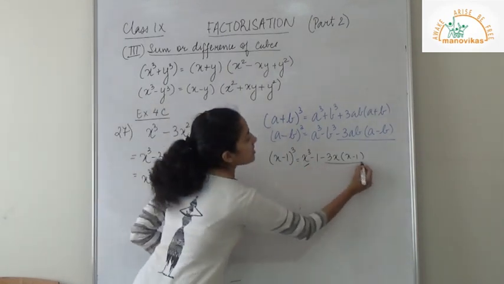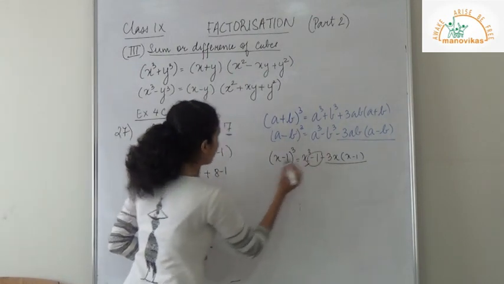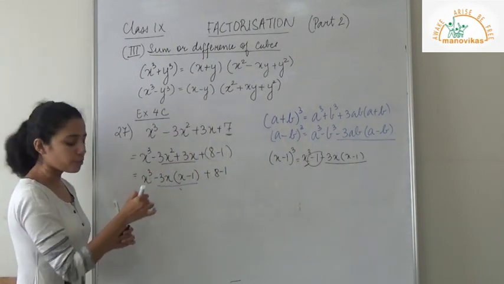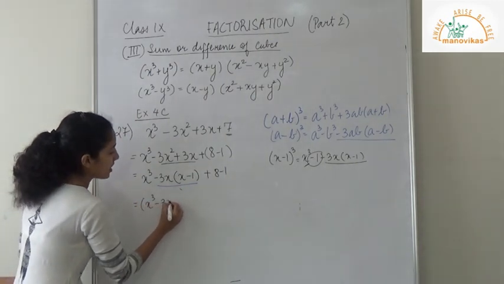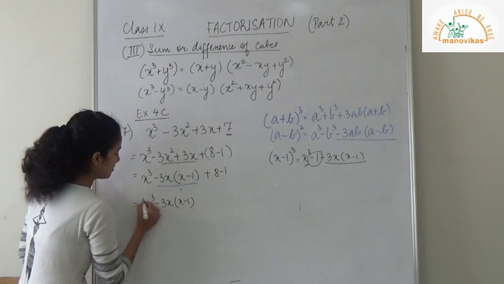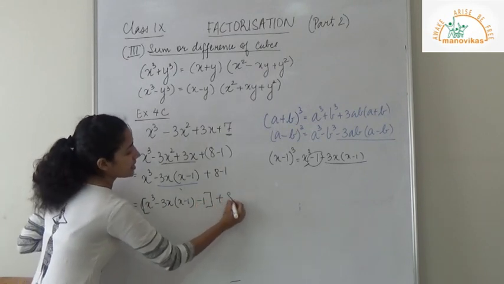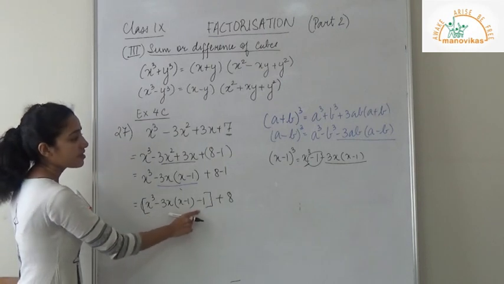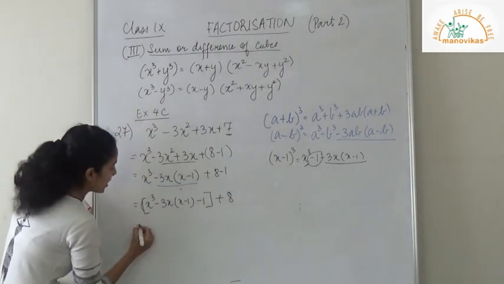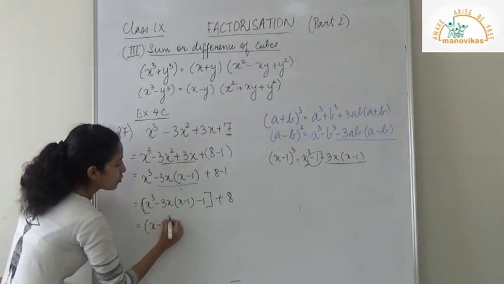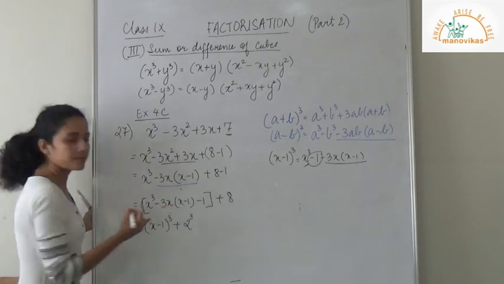We have minus 3x times x minus 1 here, and we have negative 1 as well. So we group them together. So we have x cube minus 3x times x minus 1 minus 1 plus 8. Now this is nothing but the identity x minus 1 the whole cube. So that is x minus 1 the whole cube plus 8, which can be written as 2 cube.